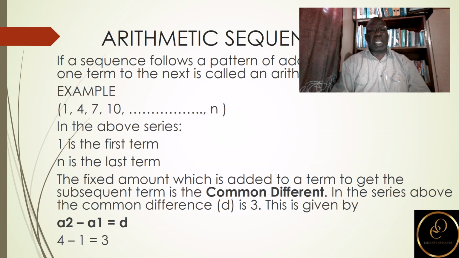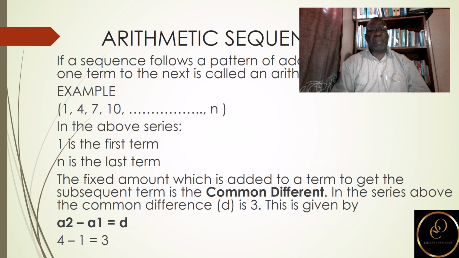If you go to the next one, you get 4 and 7. When you look at these two numbers, you remove 4 from 7, and you are going to get again 3.